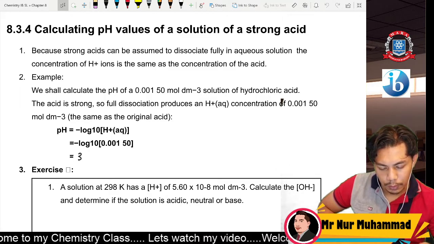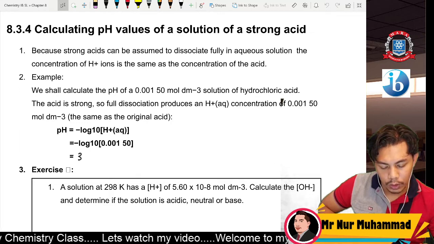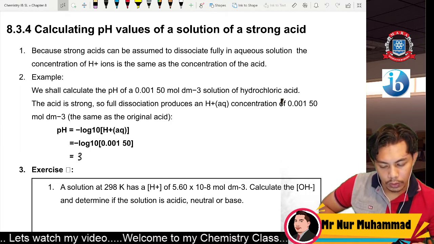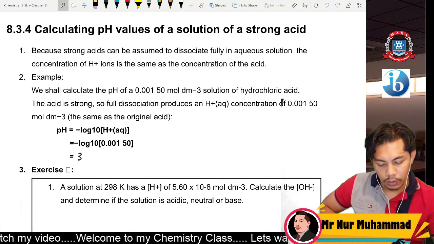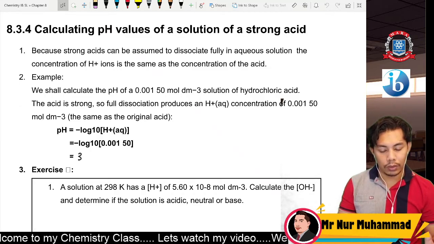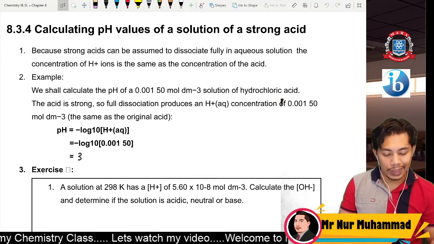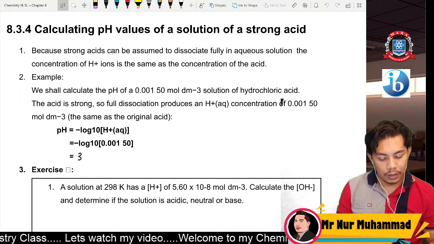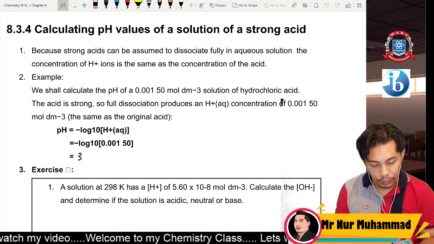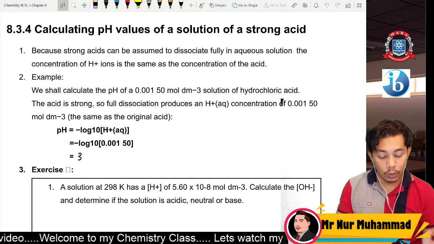We shall calculate the pH of 0.00150 mole per decimeter cube hydrochloric acid solution. The acid is strong, so it will ionize or dissociate completely. That's why the concentration of hydrogen ion is equal to the concentration of acid. This is for monoprotic.